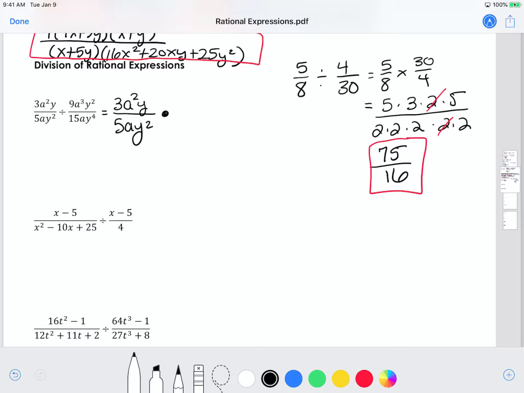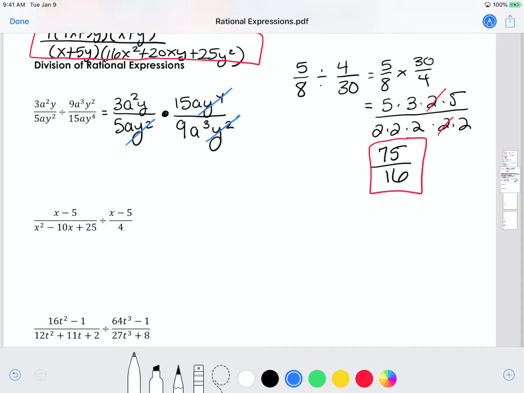So when I reciprocate that, I get 15ay to the fourth on top and 9a to the third y squared on the bottom. So now we start looking to see what we have in common that we can cross off. I have a y squared and a y squared on the bottom, which makes that a y fourth. And I'm going to cross that off with a y fourth on the top. So I get rid of 4 y's on the bottom and 4 y's on the top.